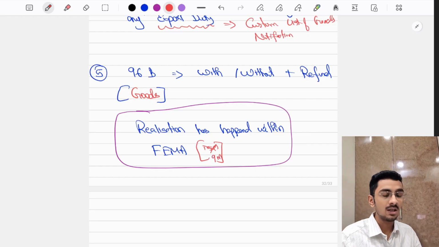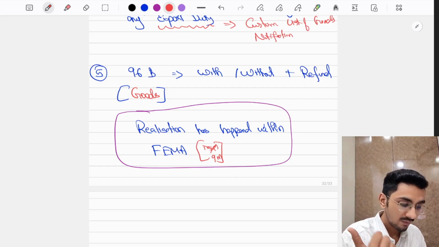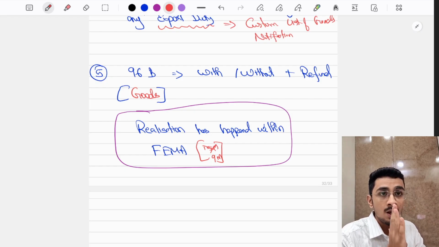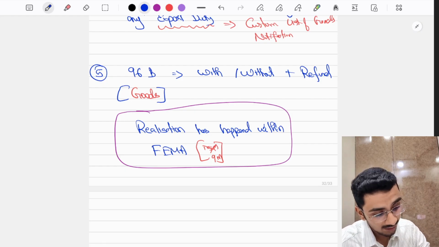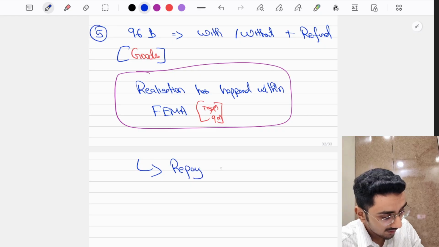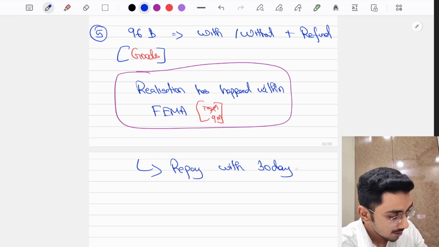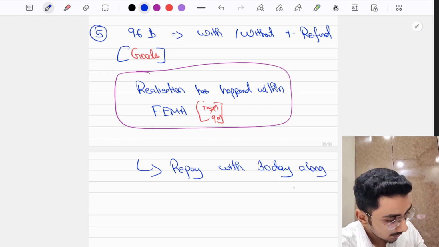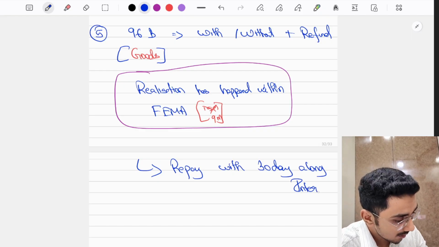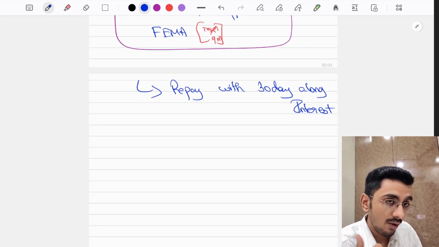You have to check whether the realization happened in 15 months or 9 months as per FEMA guidelines. If not, you have to repay within 30 days along with interest, as per section 50.